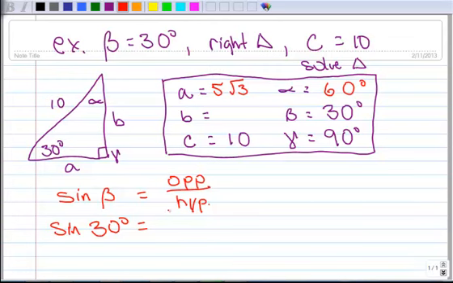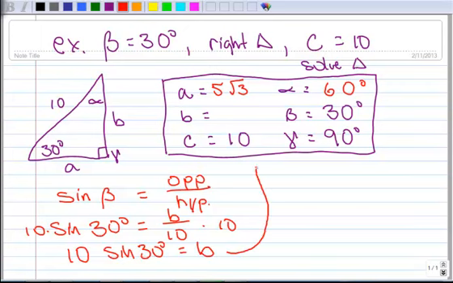That's our B. And the hypotenuse is 10. Let's multiply both sides by 10 because we're solving for b. So I have 10 times the sine of 30 degrees equals b, and let's transfer this work up here. So I have 10 times the sine of 30 degrees, well that's 1/2, that equals b, so b equals 5.